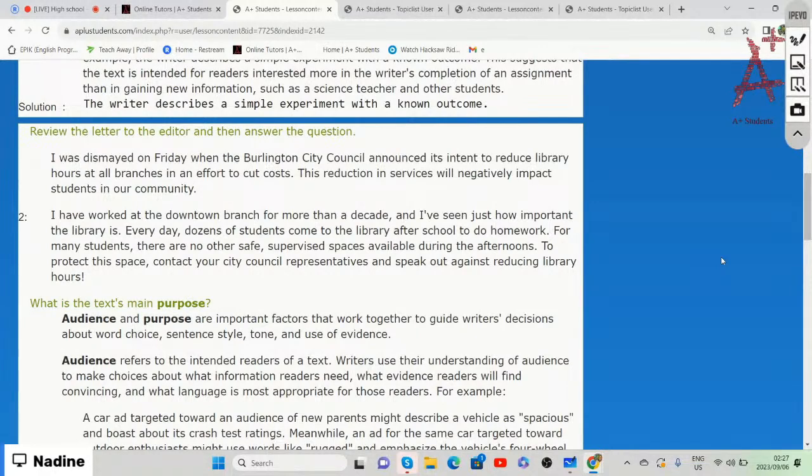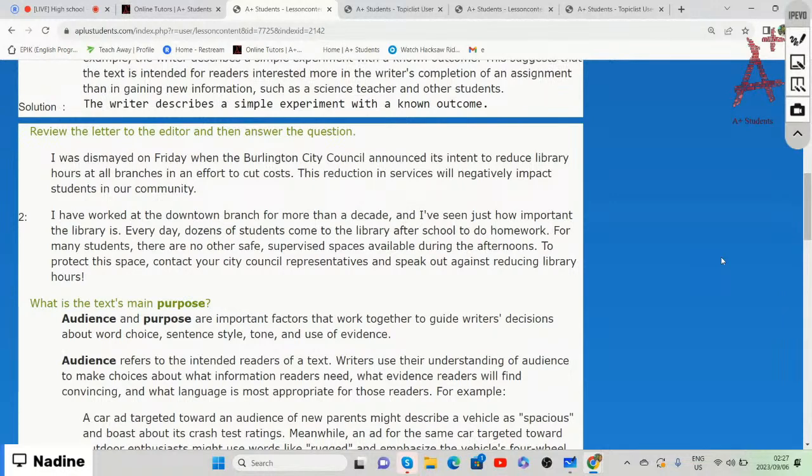I have worked at the downtown branch for more than a decade, and I've seen just how important the library is. Every day, dozens of students come to the library after school to do homework. For many students, there are no other safe supervised spaces available during the afternoons.